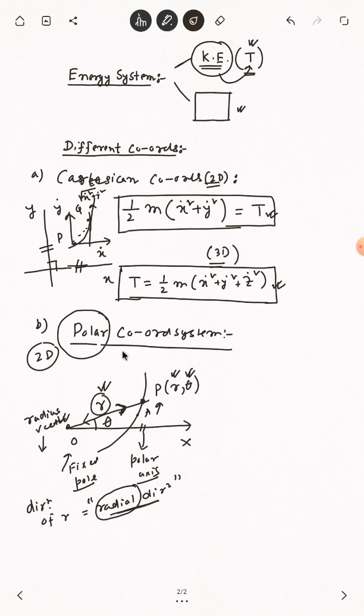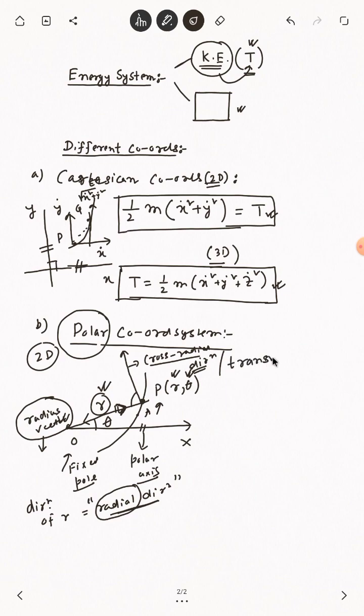And the other one, which is perpendicular to this radius vector, is called the cross radial direction. So what is the relationship between radial and cross radial direction? The radial direction is always along, as I have already said, the radius vector, and the direction which is perpendicular to the radius vector will always be called the cross radial direction, or someone calls it transverse.